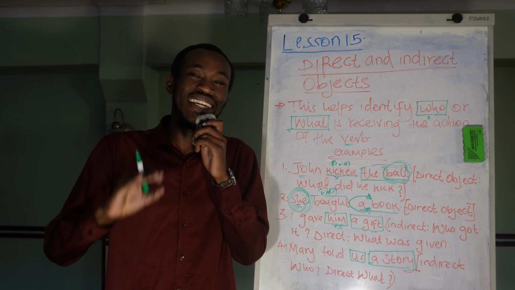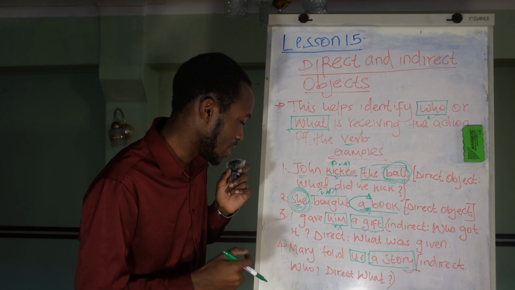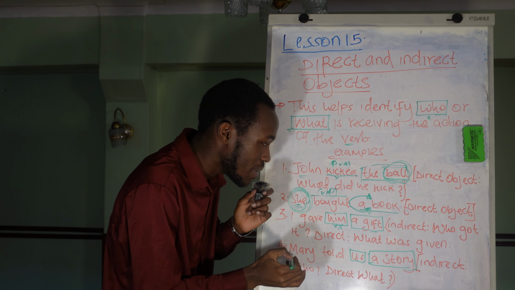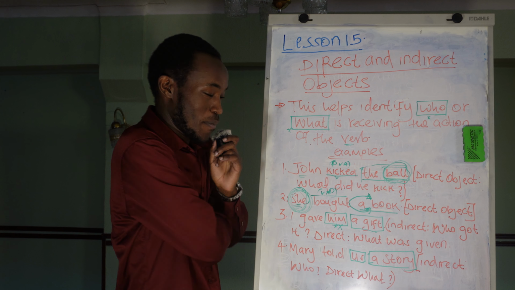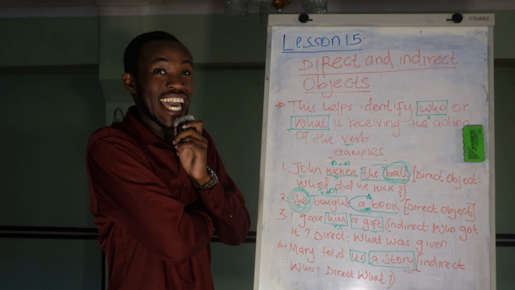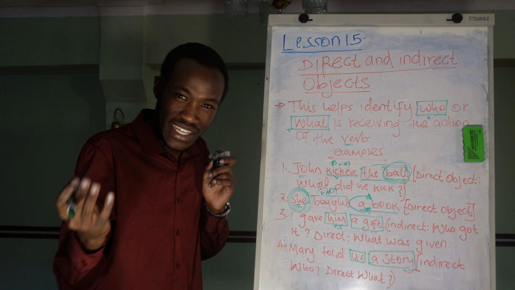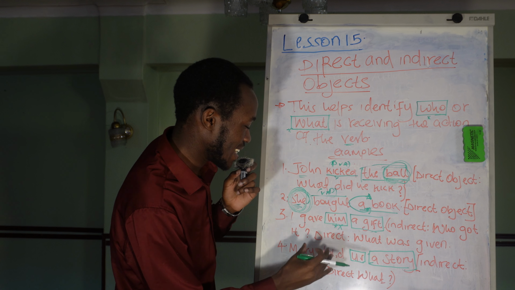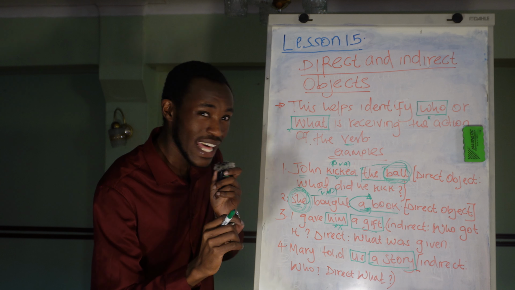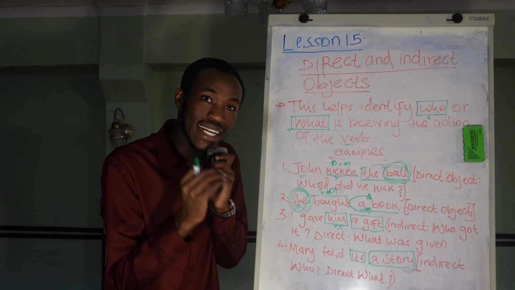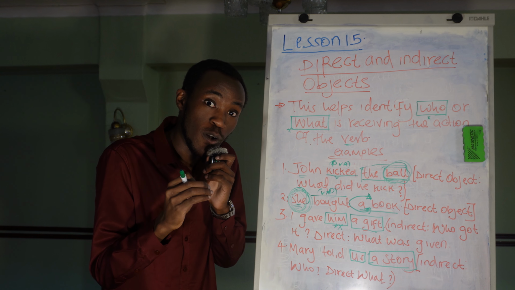Now come with me. This is now the critical example of it all. Come with me. I gave him a gift. Now, this is critical. I gave him a gift. Number one, can you identify with me the indirect object here? Now, I said that the direct object faces the wrath of the verb.